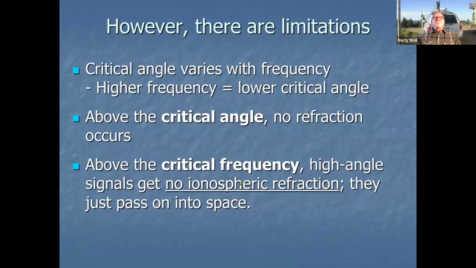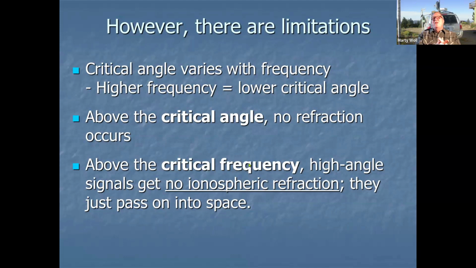So there's something called a critical angle, and the critical angle varies with frequency. The higher the frequency, the lower the critical angle. The critical angle is where a signal hits and will come back down. If you shoot it straight up, it may be too high, and above the critical angle, no refraction occurs. It just goes off into space.